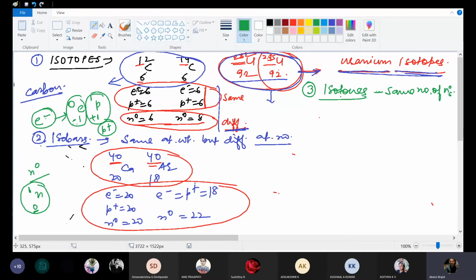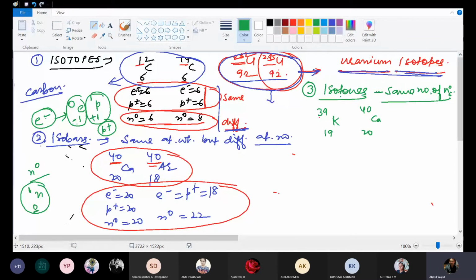Isotones are those species which have same number of neutrons. See, potassium 19, 39 and calcium 20, 40. If you know the periodic table, you can give infinite examples of isotones or isostars or isotopes or isobars. But if you don't know the periodic table, then obviously you will have limited examples only.